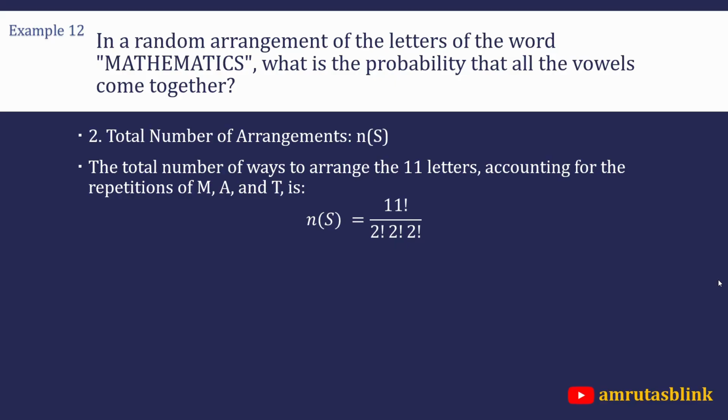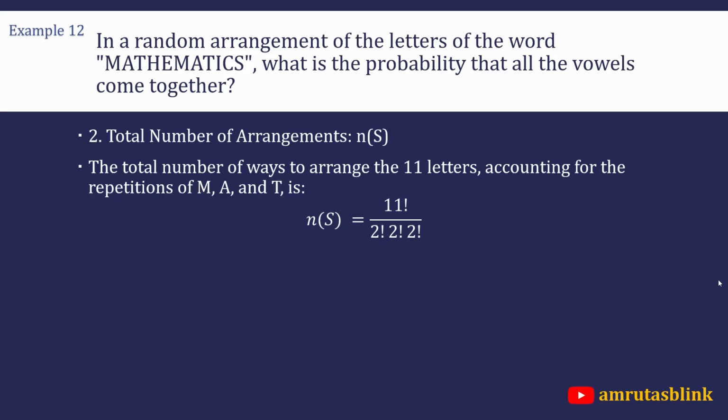That's why we cannot consider those similar words. We have to divide by these repetitions, and hence n of S is equal to 11 factorial upon 2 factorial for M, 2 factorial for A and 2 factorial for T. So this is our n of S now.